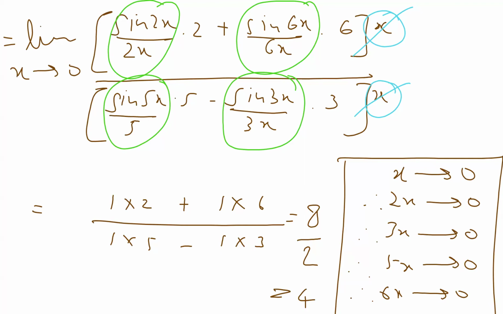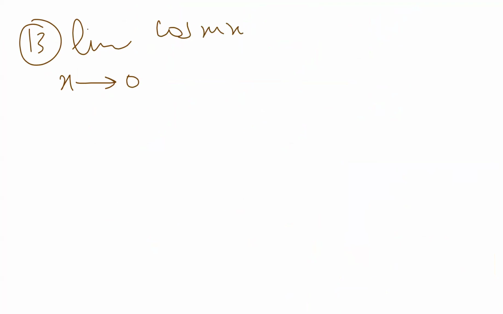Okay, question number 13. Limit x approaching 0, cos mx minus cos nx upon x square.